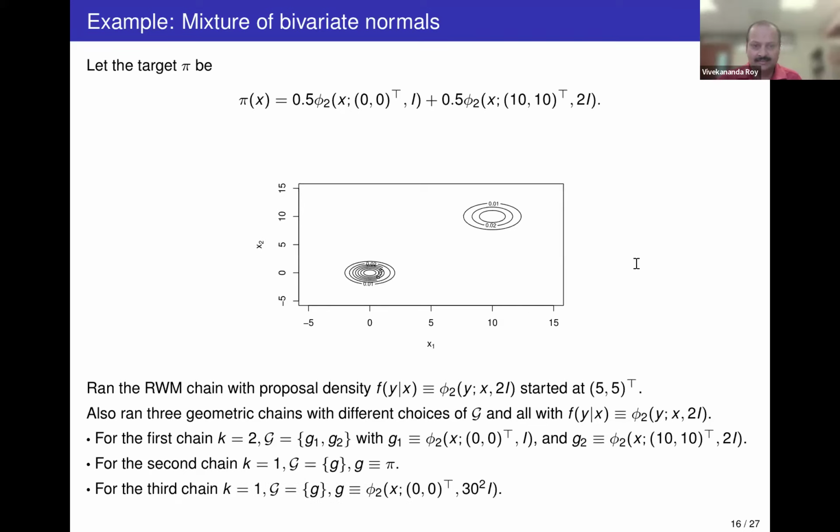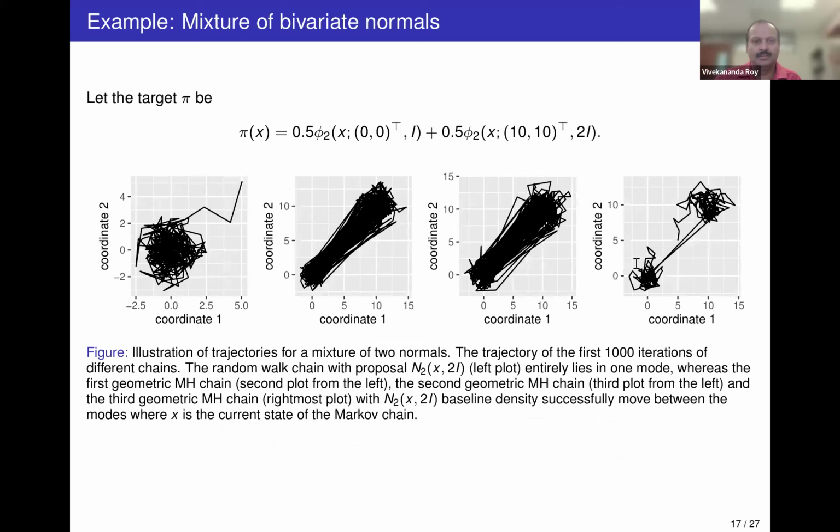For the third case, I take again G to be a singleton set with a diffuse normal density. So again, normal with mean 0 variance 900, the bivariate version of it, the diagonal covariance matrix. I ran these chains for 100,000 iterations.